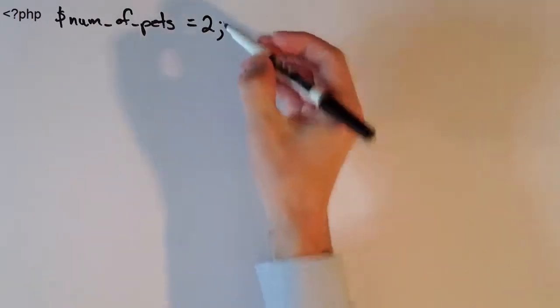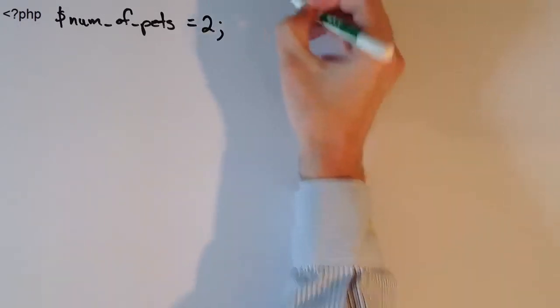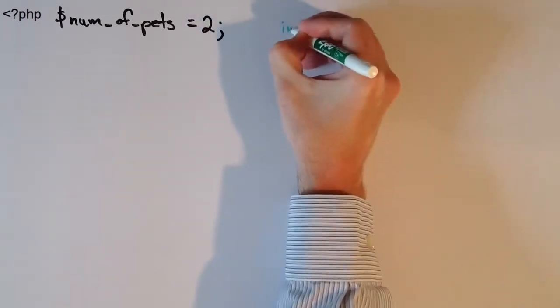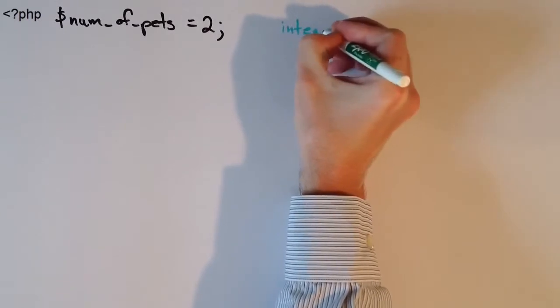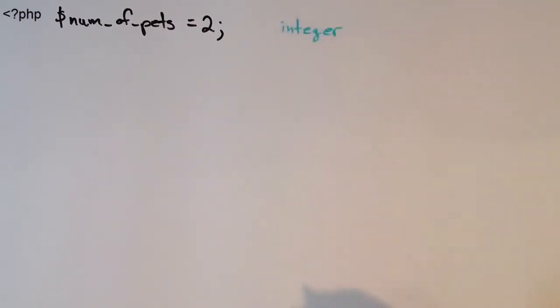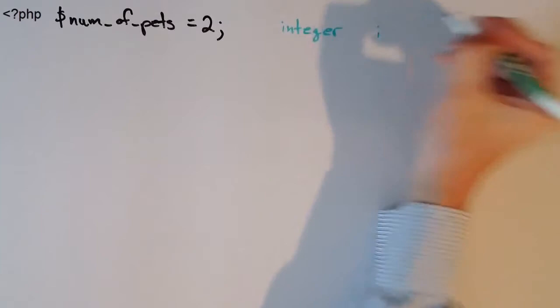So the number 2, that's actually referred to as an integer. It can also be abbreviated as an int.